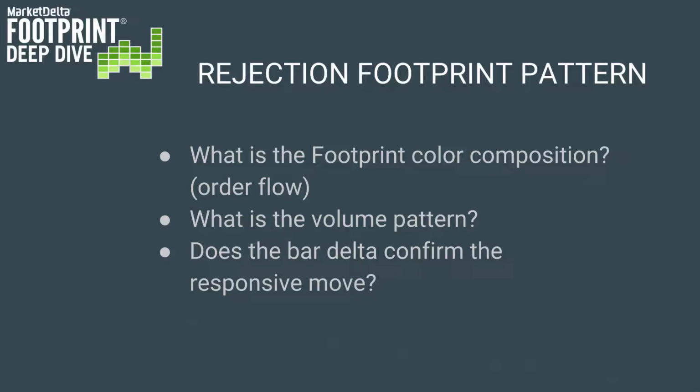Again, I'm trying to pose questions you would run through in your own mind when you see this pattern develop, to help answer for yourself that it is indeed occurring the way it should. Are you seeing rejection in terms of the order flow? What does the volume pattern look like? What about the delta bar? Is it confirming the same pattern we see in the rejection?